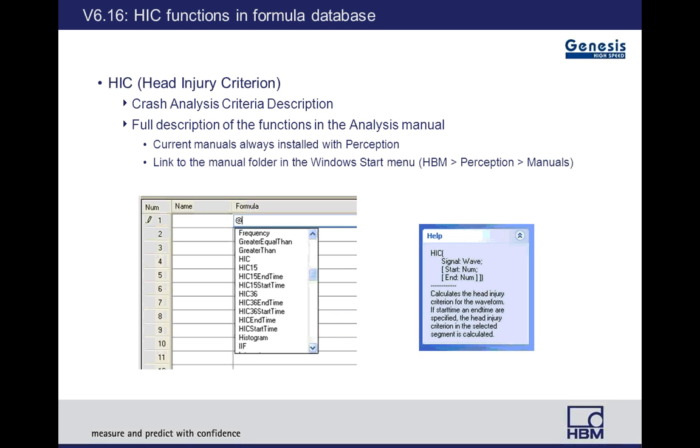In version 6.16, we also added an entire set of HIC or head injury criterion functions to the formula database. Those functions are fully described in the analysis manual. And I want to make sure you're aware that whenever you install the Perception software, we also automatically install all the latest manuals that are available at the time that software was released.